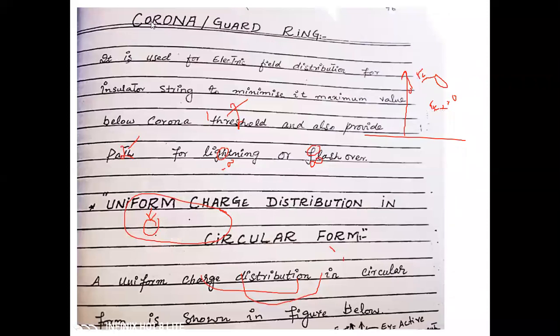Now the corona ring or the guard ring. You may observe this ring around the insulators, and the function of this ring is to reduce the electrical stress over the insulator by distributing the charges over the ring, so the electrical stress on the insulators will be reduced.